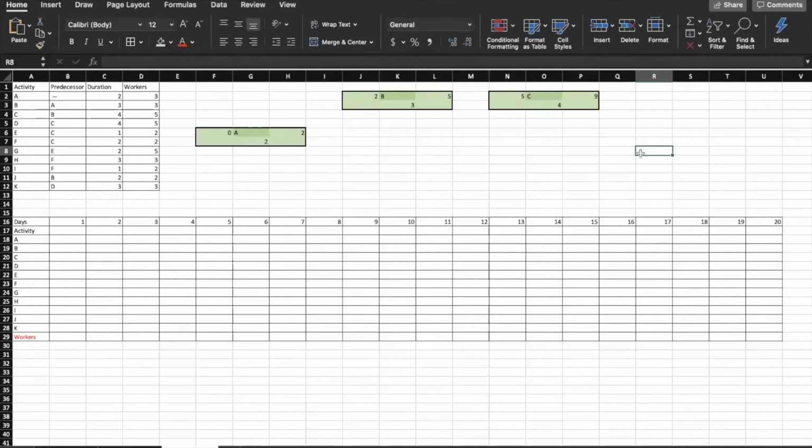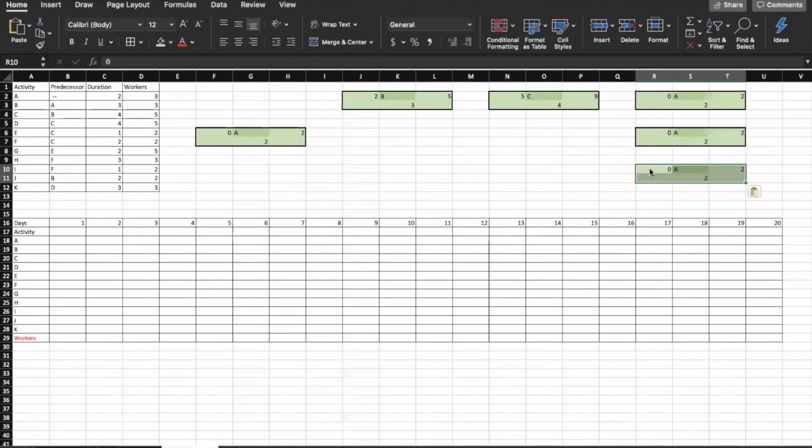And then we see that C is a predecessor to 3 cells, D, E, and F, so I will put those down. And let's fill in the starting and duration and ending day for those cells.